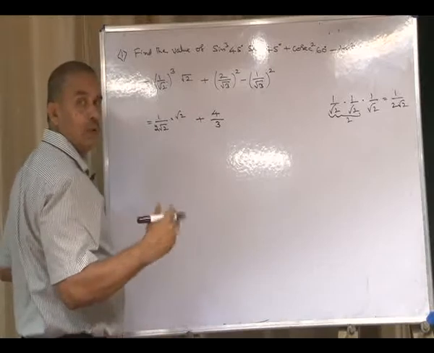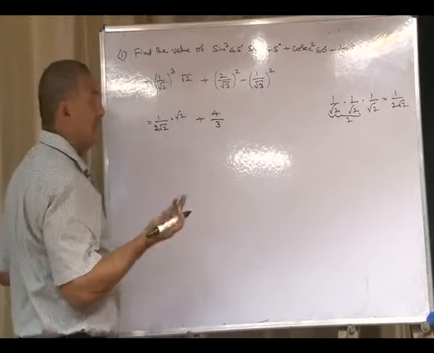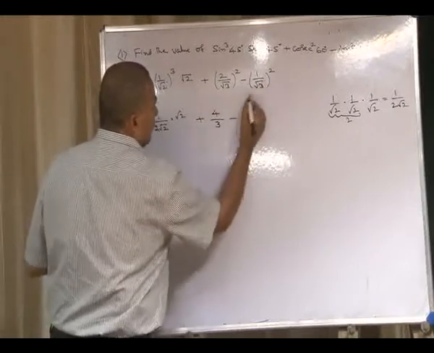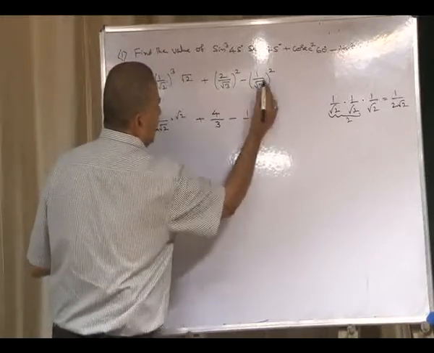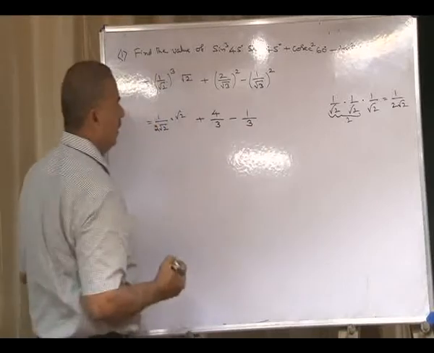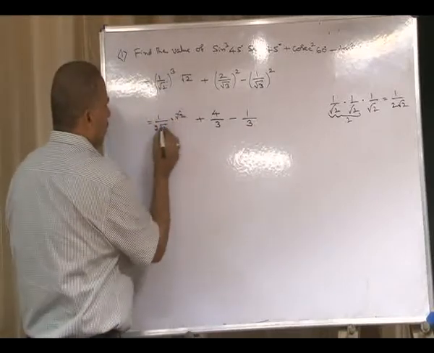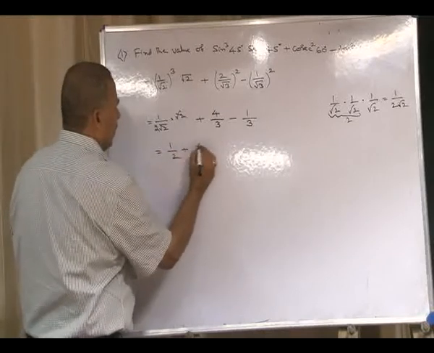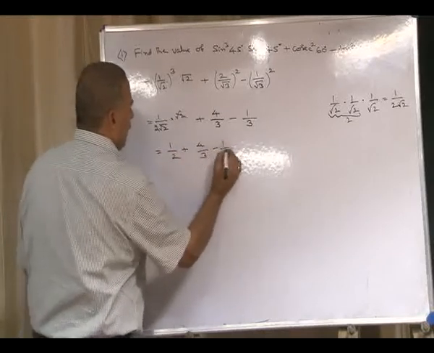Root 3 square means root 3 into root 3, that is 3, minus 1 by root 3 the whole square means 1 square is 1, root 3 square is 3. Here root 2 cancels, that is equal to 1 by 2 plus 4 by 3 minus 1 by 3.